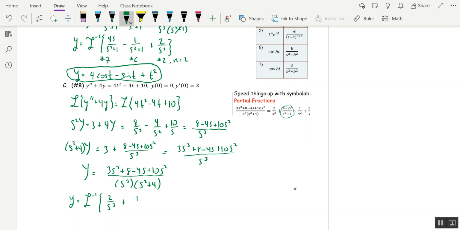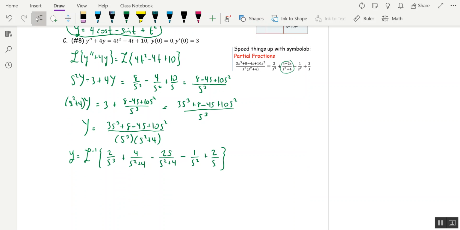So that's plus 4 over s squared plus 4, and then minus 2s over s squared plus 4. I can take the inverse transform of both of those, no problem. And then minus 1 over s squared plus 2 over s.